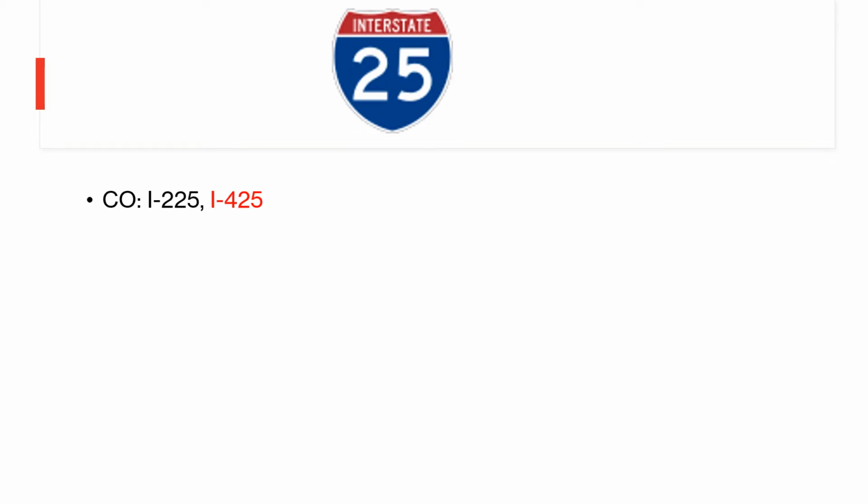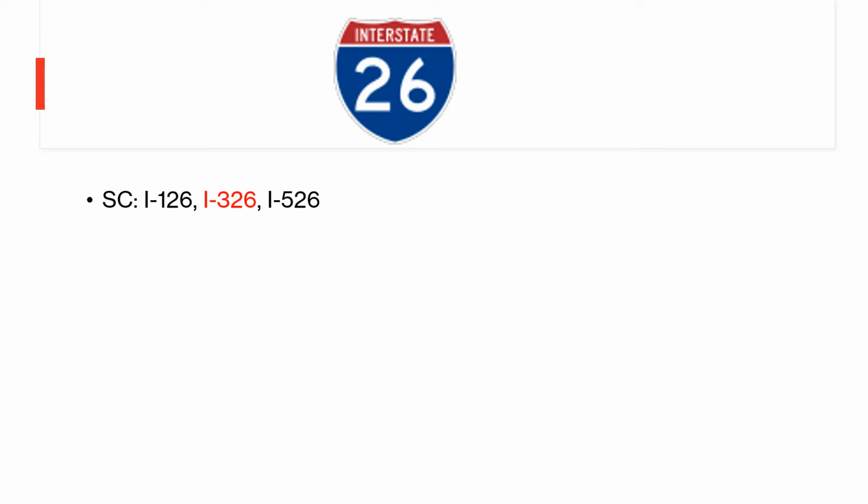Interstate 25, for a cross-country interstate, you only officially have one interstate, and that's I-225. I-425 was being planned in Colorado, in the Denver area, but it got canceled or renumbered. Now, I-26 in South Carolina, you have 126, 326, and 526.